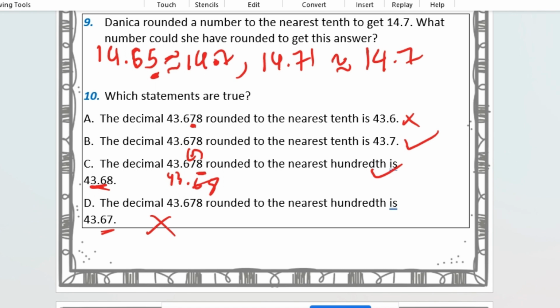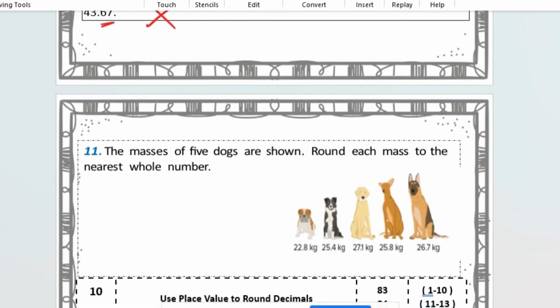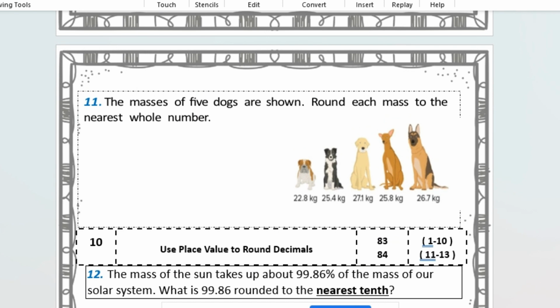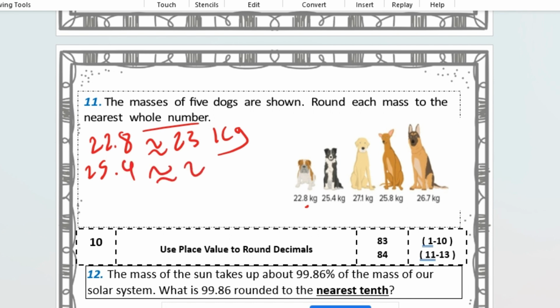Okay, let's continue here. We have the masses of 5 dogs, shown rounded to the nearest whole number. As we said, for the nearest whole number, we look at the first digit after the decimal. So the first dog is 22.8, which will round up to approximately 23 kg. We don't forget the unit. And here 25.4. 4 is less than 5, so it will be 25 kg.